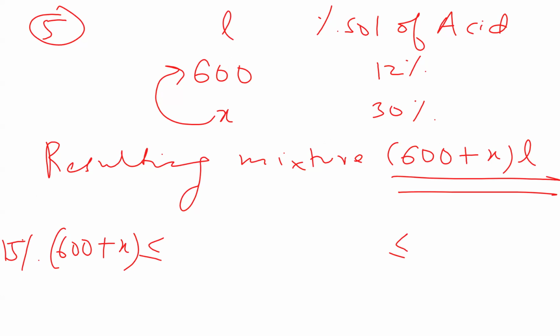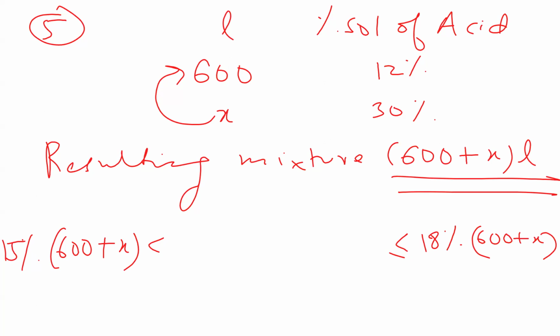And it should be less than, I'll not put equal to, sorry. More than and less than, they're saying. 18% of what, guys? 18% of the resulting 600 plus x.